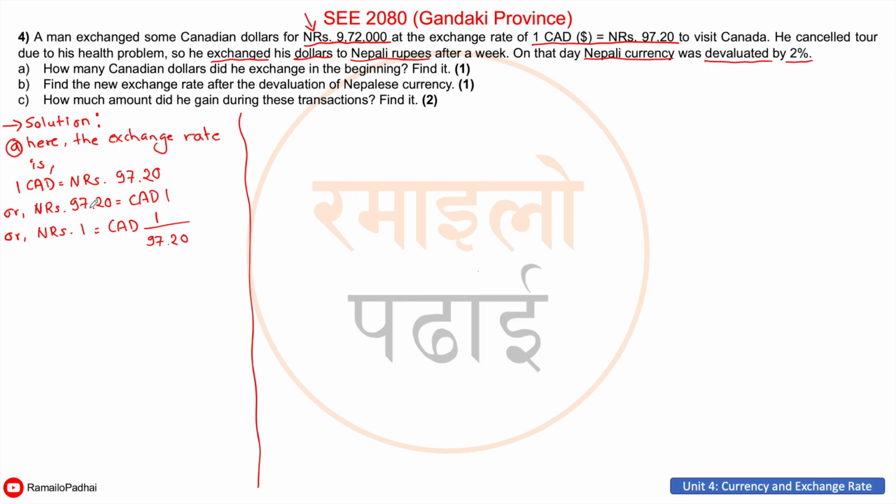As 97.20 Nepalese rupees was 1 Canadian dollar, 1 Nepalese rupee will be much lower than 1 Canadian dollar.